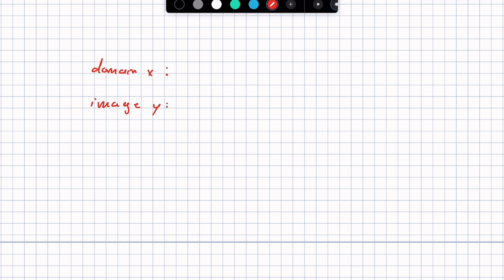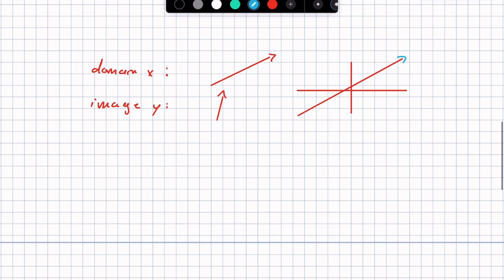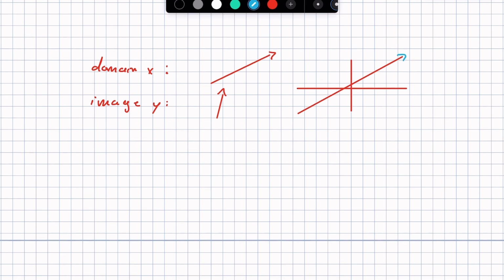And codomain is up to down, so here. So in this règle, it should be something like here, here, and here, here. That's X, and that's Y.